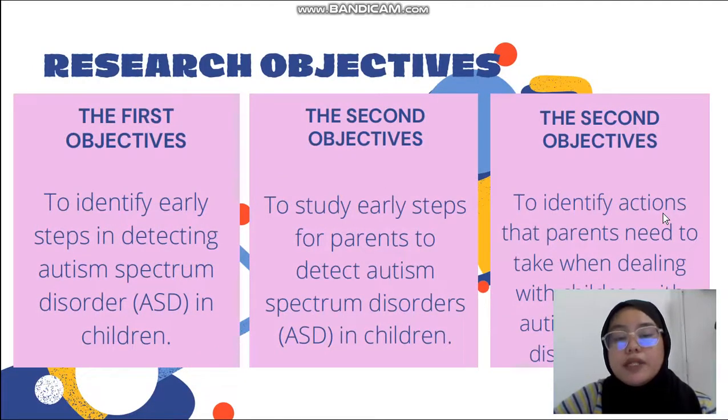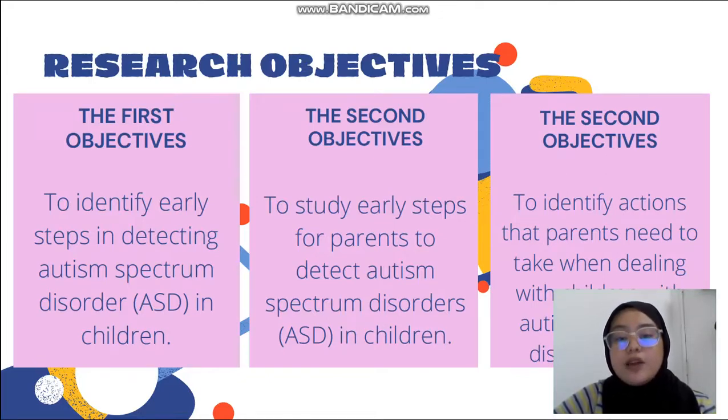So this is my research objective, which is the guideline for me to do the final year project. The first objective is to identify early steps in detecting autism spectrum disorder (ASD) in children.